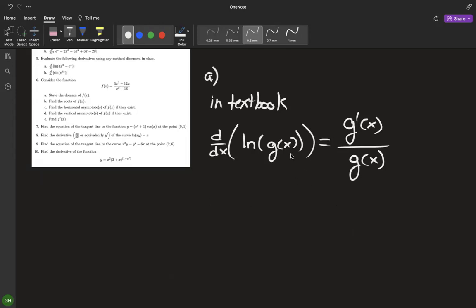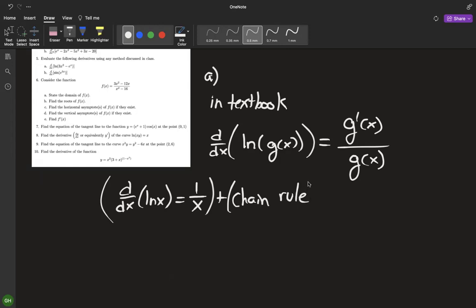And basically all that this is saying is that the derivative of ln of x is 1 over x. And then you add in the chain rule. And that's how you get this formula right here.